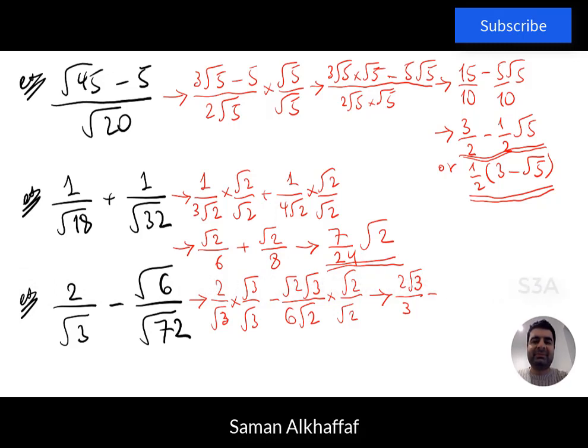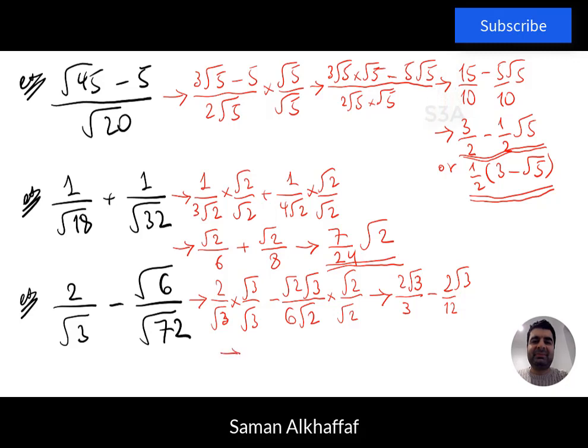So root 2 by root 2 would be 2, so we'd have 2 root 3 here, and at the bottom we would have 6 multiplied by root 2 multiplied by root 2, which will be 2, multiplied by 6 that would be 12, so 2 root 3 divided by 12 can be simplified to 1 over 6 root 3.